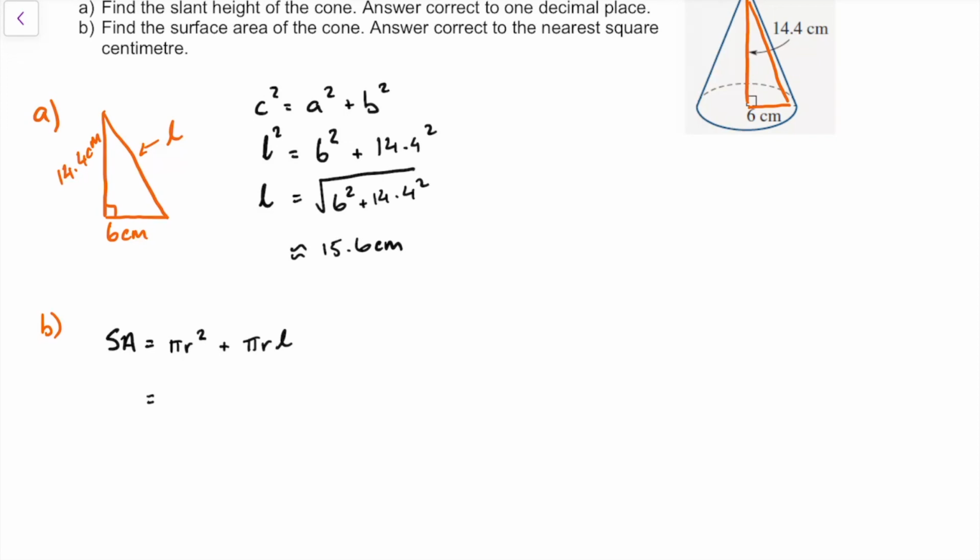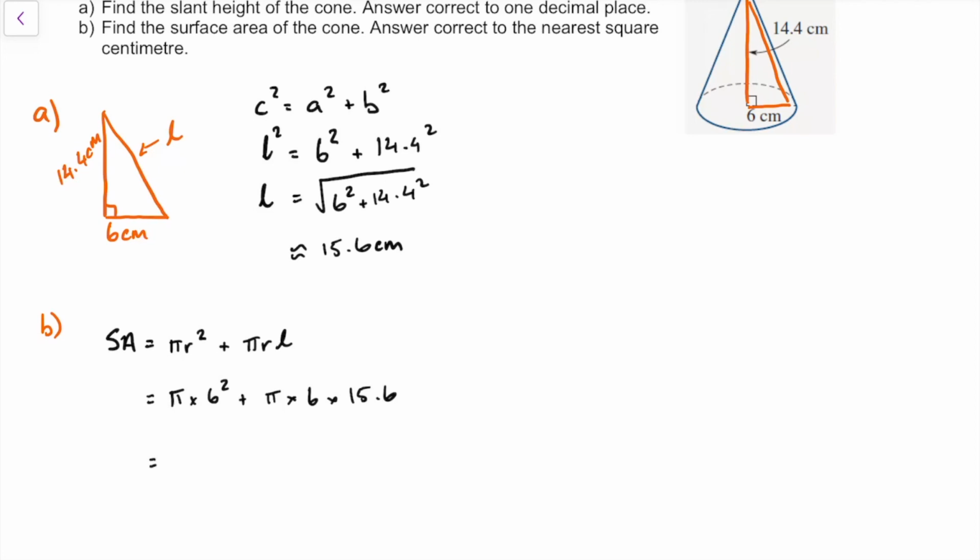So let's set this up. We're going to substitute in. We've got 6 squared for the radius, plus pi times 6 times 15.6, which is what we got from the previous question, part A, so we're going to carry that down.